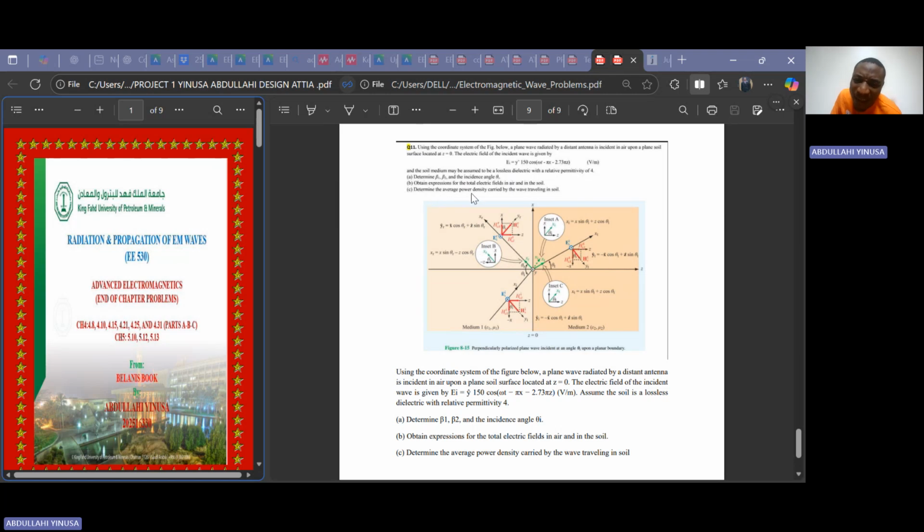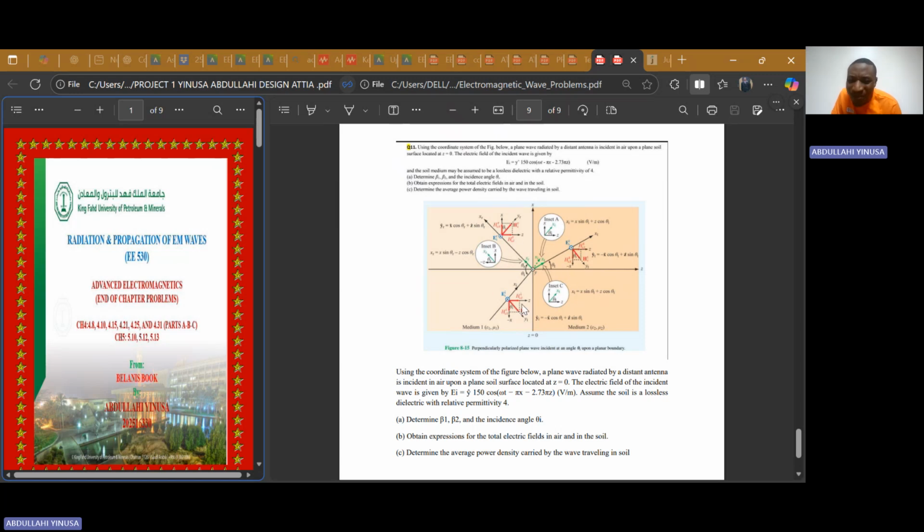They also ask us to get the average power density carried by the wave traveling. The average power density is half E times H conjugate. We are going to get our H exactly as explained the other time.